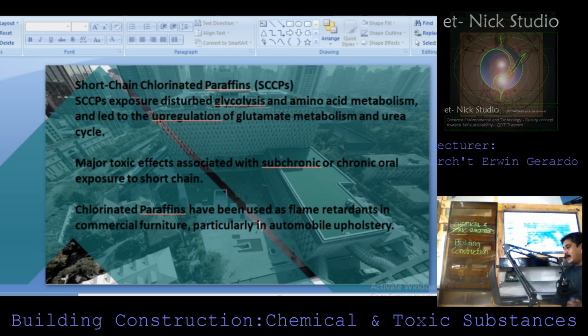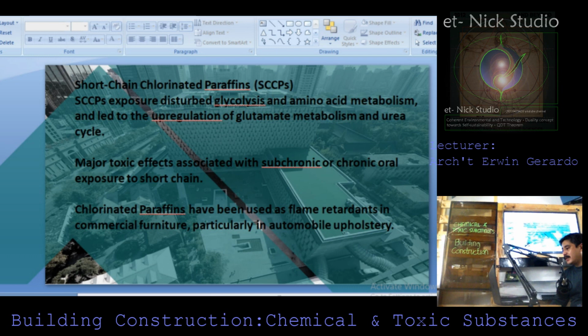Short-chain chlorinated paraffins, known as SCCPs. Exposure disturbs glycolysis and amino acid metabolism and leads to the upregulation of glutamate metabolism and the urea cycle.